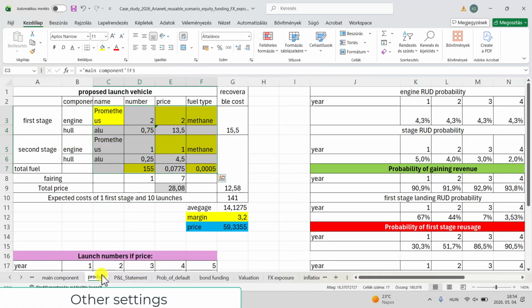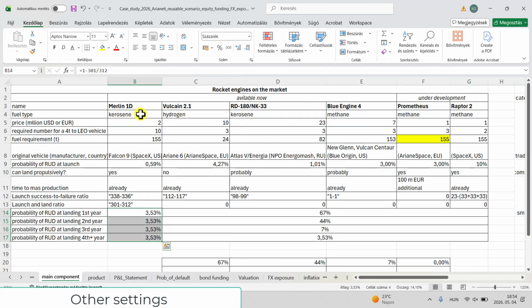From the US we have to buy stuff for US dollars. In case of Russia we can say that we can buy it for euros. Again, BA4, this is again a US company, so we have to buy it for US dollars.